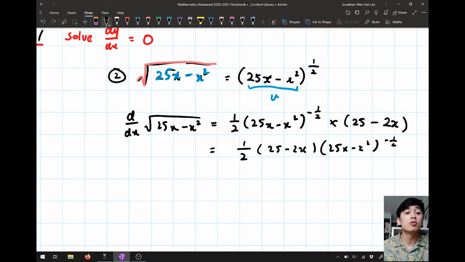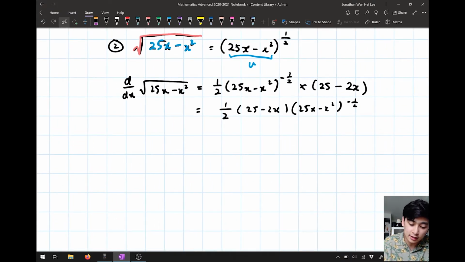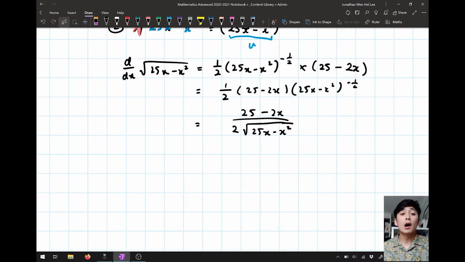Now I'm going to rewrite this without my indices, so this just becomes 25 minus 2x over 2 square root of 25x minus x squared. Okay, now I want to figure out when this particular graph is horizontal.